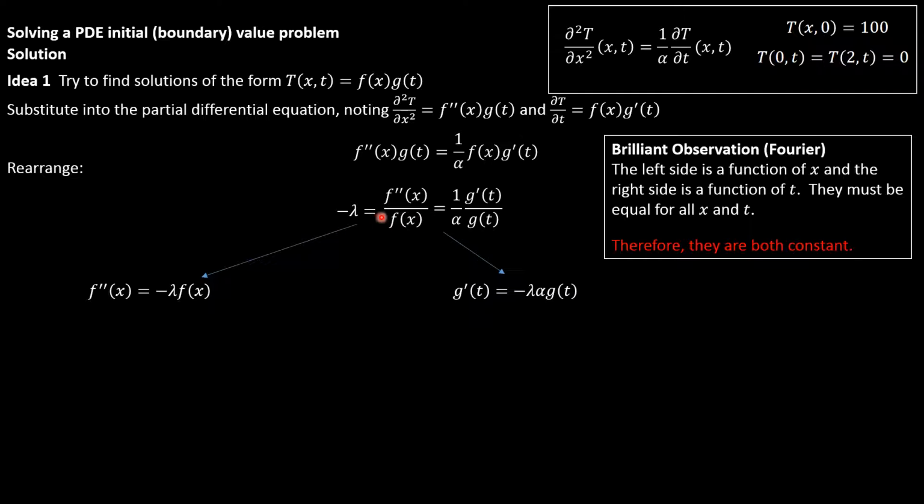So we have two equations. This is equal to lambda, and this is equal to negative lambda. If you multiply through by the denominators in those two equations separately, you get f prime prime of x equals negative lambda f of x, and the other equation, g prime of t equals negative lambda alpha g of t.